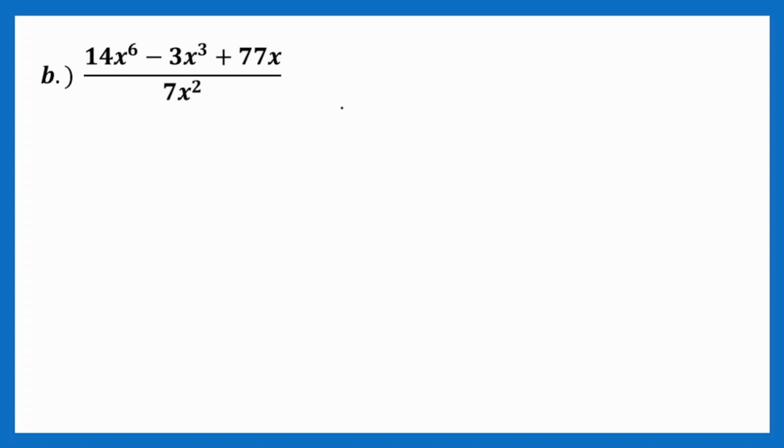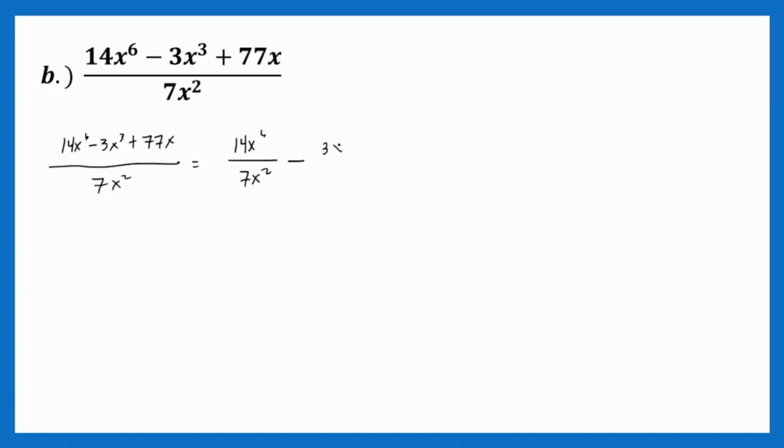Now, letter B, 14x raised to 6 minus 3x cubed plus 77x over 7x squared. Alright? So, ano ang ginagawa dyan? Very good. Paghihiwa-hiwalayin natin. So, let's have 14x raised to 6, i-over ko siya sa 7x squared. Yung minus dyan, dito siya mapupunta.